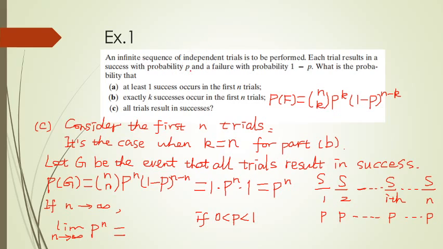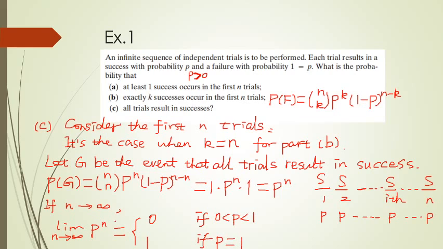The probability p should be greater than 0. If it's always 0, that means all the trials are always failure, and there is nothing to discuss. So if p is a number between 0 and 1, the limit of p to the n will give 0. If p equals 1, of course the final answer is 1.